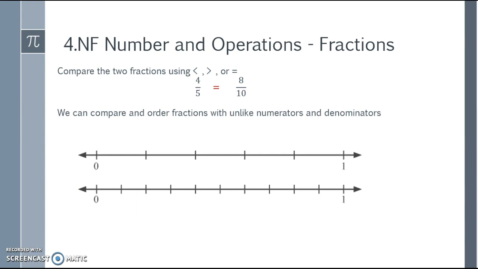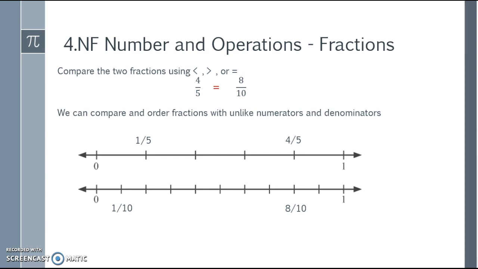We can also use a number line to compare. So on my top line, we already know that 4/5 equals 8/10. So I have a double number line. I split the top line into fifths and the bottom line into tenths. So there are 1/5, 2/5, 3/5, 4/5, 5/5, which we know is the same as 1, and 1/10, 2/10, 3/10, etc., all the way through.